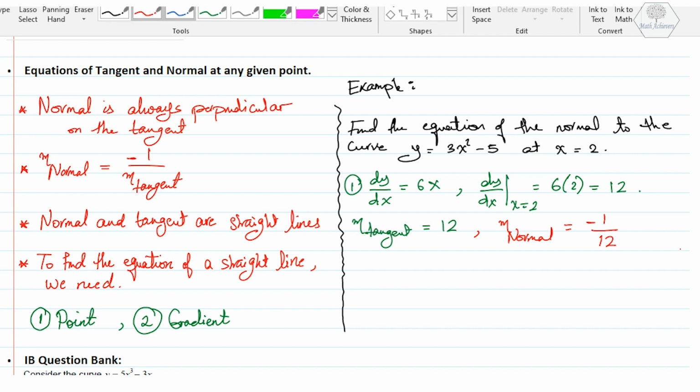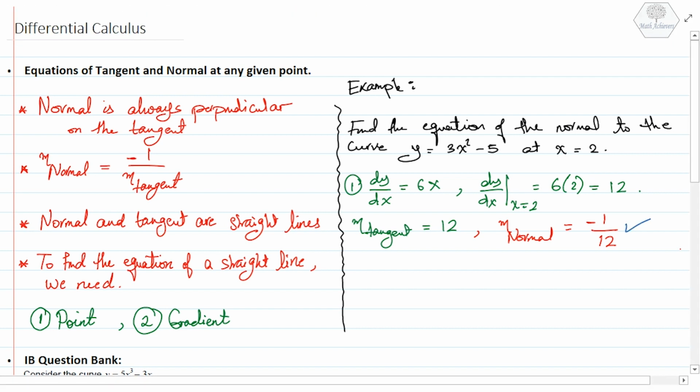Now, for finding the equation of the straight line, I have my gradient. The second thing we have to do is find a point on the curve or on the line. I know that x is equal to 2, so I simply substitute this in my original equation.